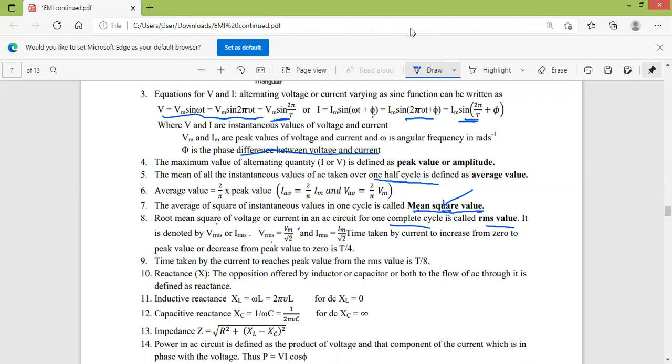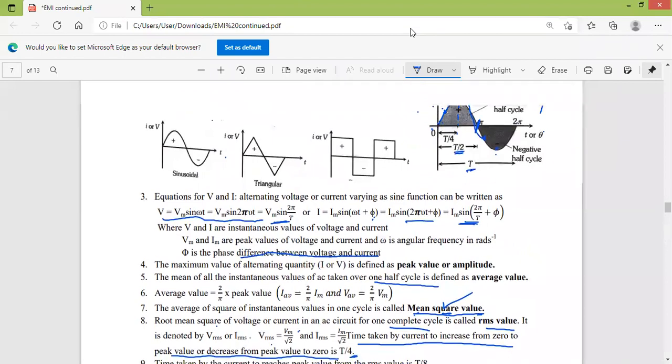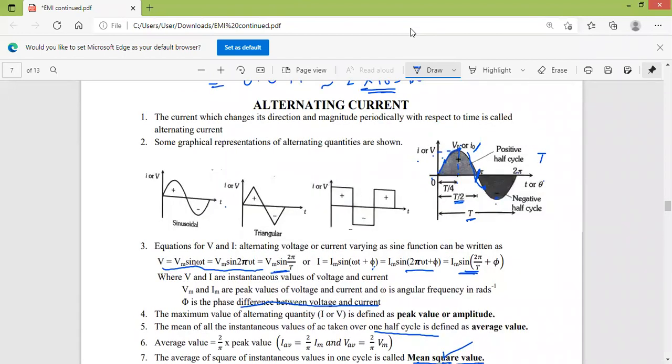Next, the time taken by the current to increase from 0 to peak value, or decrease from peak value to 0, is T by 4. This is very important. The time taken by the current or voltage to reach its peak value from 0 is T by 4.